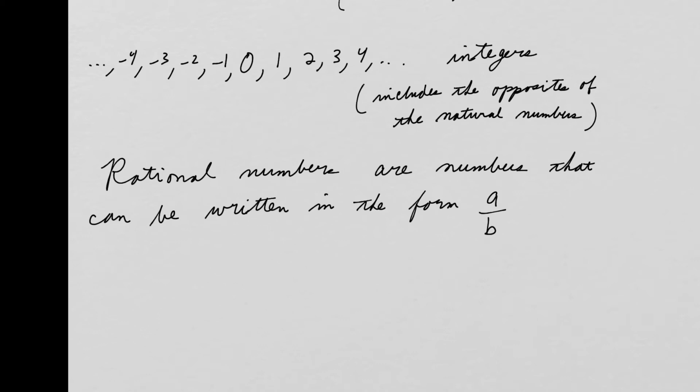So really you can think of them as fractions, where a and b are integers, and we have the restriction that obviously b can't be 0, right? Because again, we can't divide by 0. So b can't be 0.